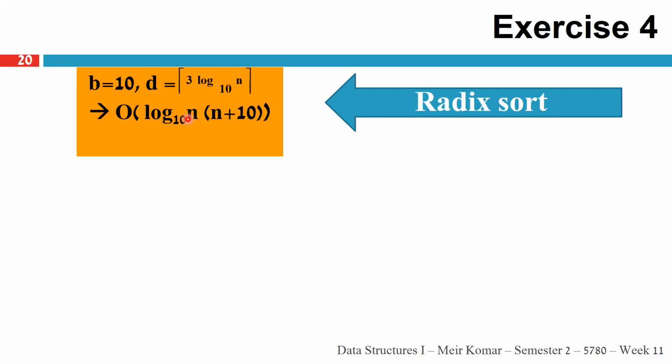The 3 is a constant, times n plus b. So in the end it's going to work out to n log n. Because n cubed is such a big number, because of these digits, we're going to get n log n. So radix sort's no good.